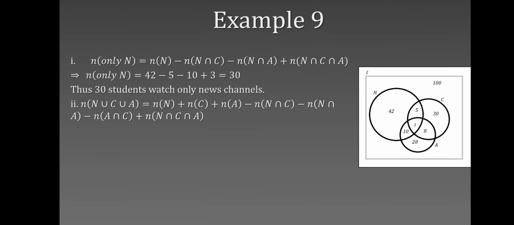So let us put all the values and find out. So after putting all the values together, we find that the number of students who watch any of the three is 80. So now if I subtract this from the total number of students, I get the number of students who do not watch any of the three.